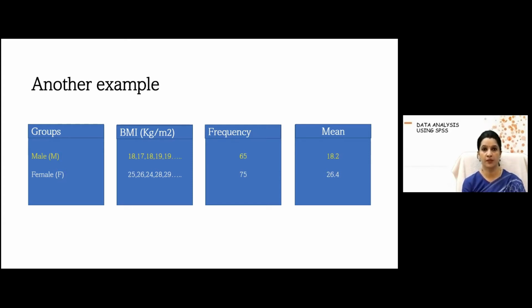If I want to test whether this mean BMI differs across these two groups, which test should I apply? Please type in the chat box. Yes, so independent sample t-test. You're right.